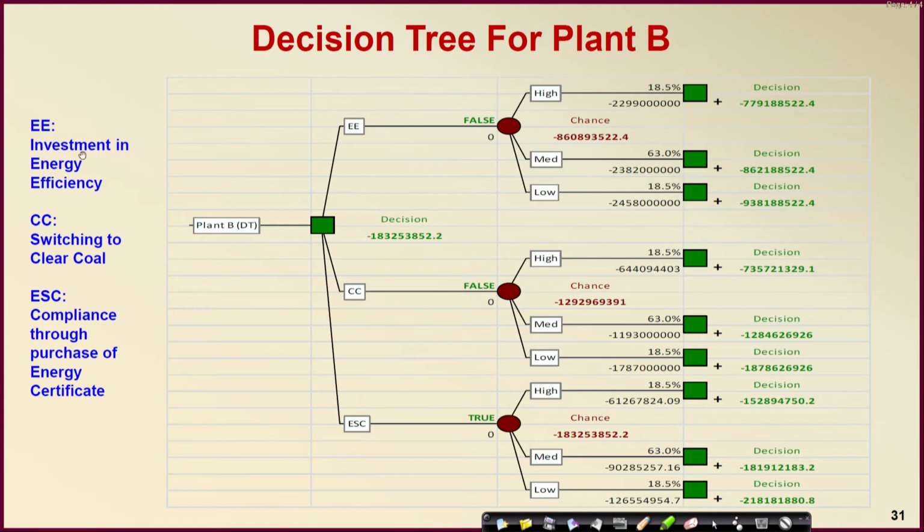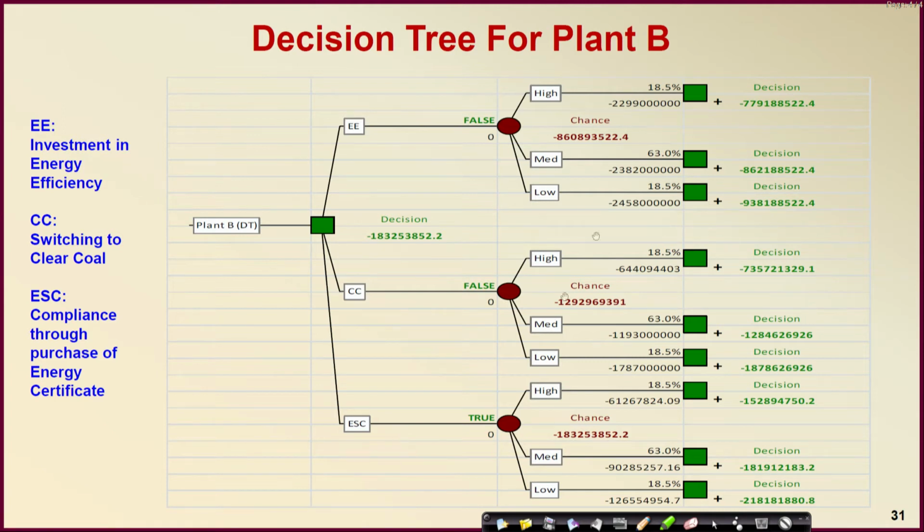Let us say a particular plant B. Supposing plant B first goes for EE, that is investment in energy efficiency, or it can go for CC, switching to clean coal, or it can go for ESC, the compliance through purchase through energy certificates.